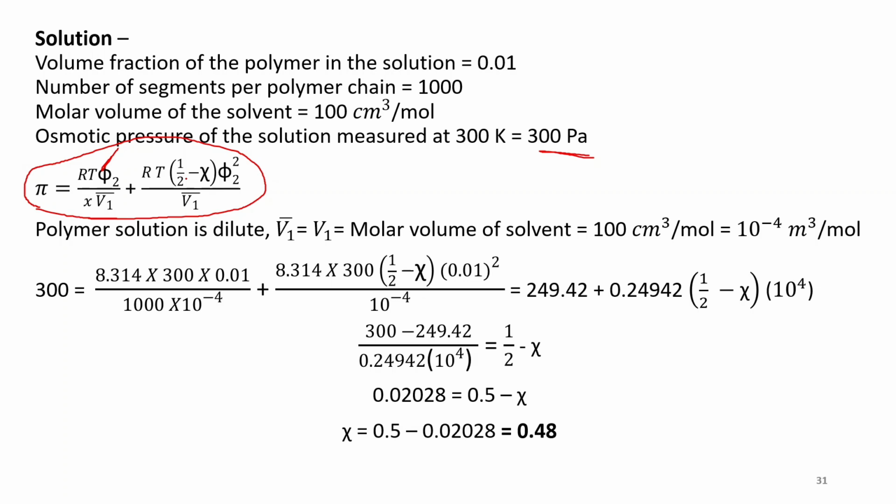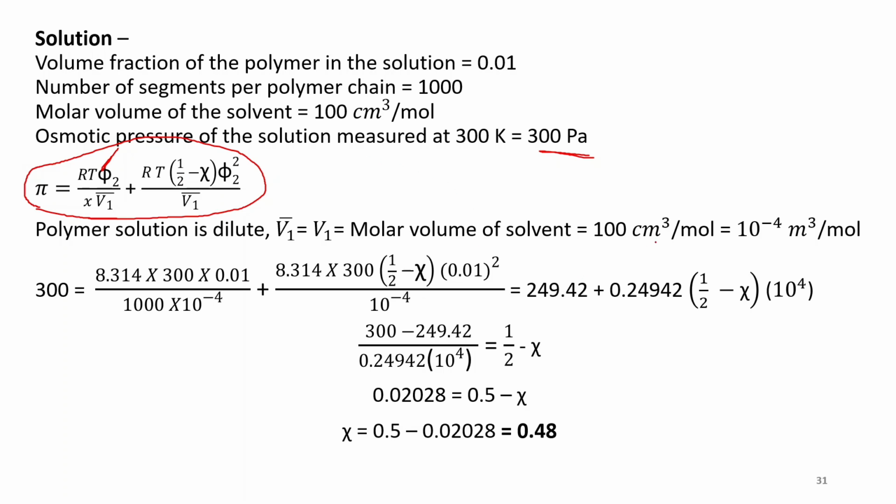So what is V1 bar here? V1 bar is the molar volume. Since the polymeric solution is very dilute, the molar volume of the solvent will be equal to the solution's molar volume.